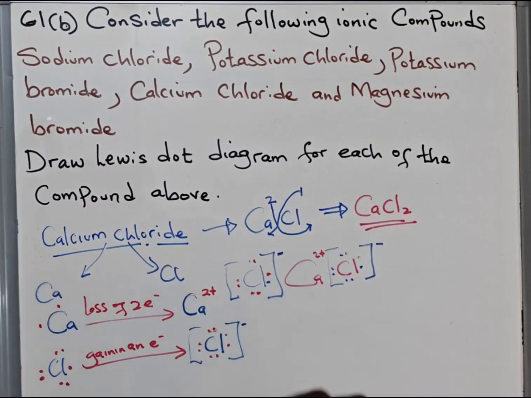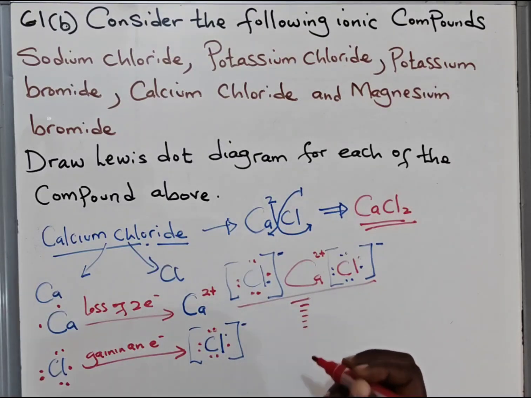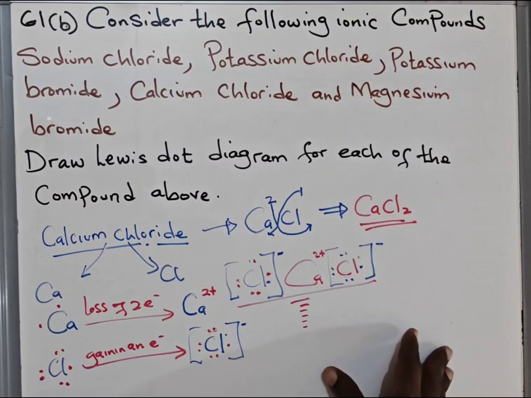So what you have here is the Lewis dot diagram of calcium chloride.